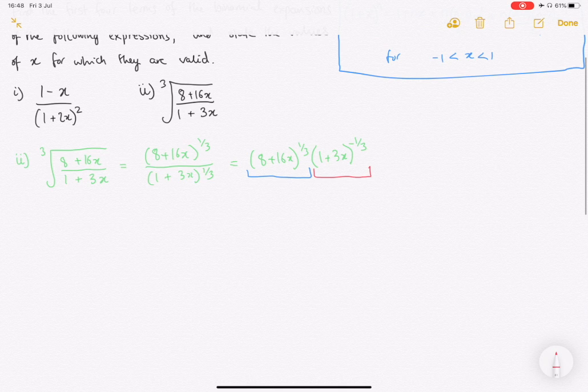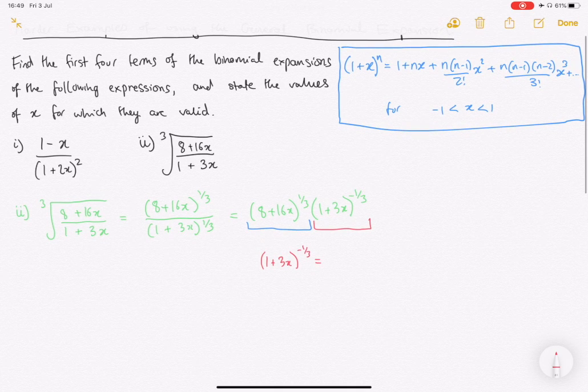so I'm going to do each of these separately first. So let's start in red with 1 plus 3x, the power of minus a third. I'm going to use our general binomial expansion with n equals negative a third and 3x in the place of x.